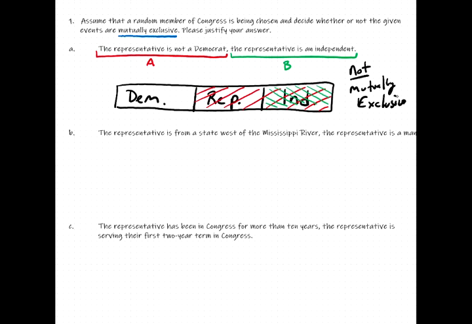All right, so what about part B? The representative is from a state west of the Mississippi River, and the representative is a man. All right, so let's say here's the Mississippi River.